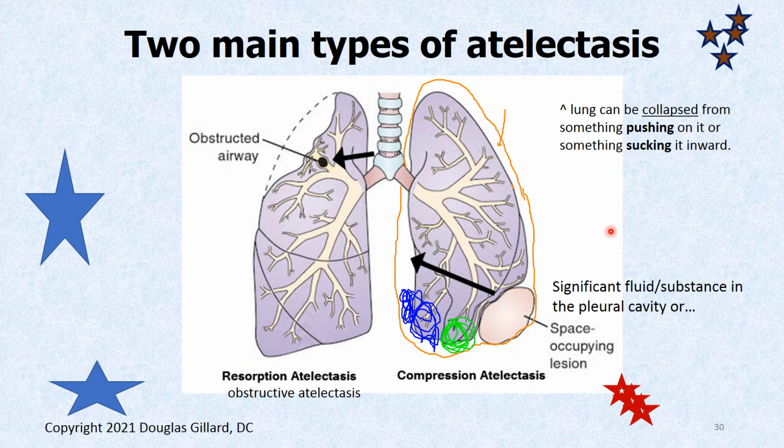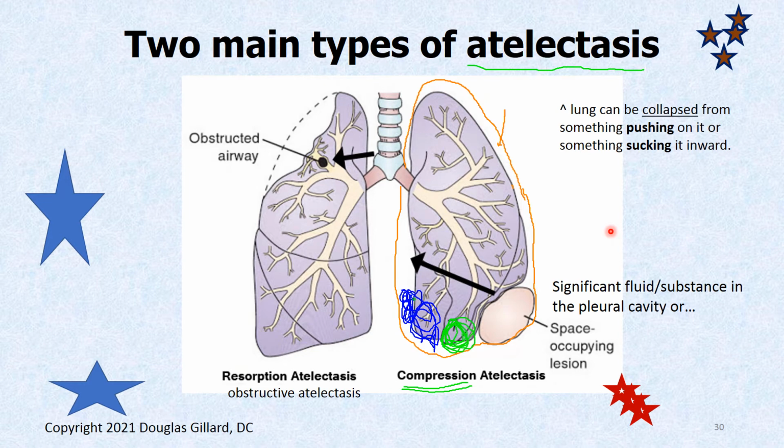Right? And it can push in the lung. Anytime the lung pushes in, that's called an atelectasis. Then you can get a tumor, or a lymph node on the outside pushing in the lung. So these are all causes of atelectasis. Specifically, these are called compression atelectasis.